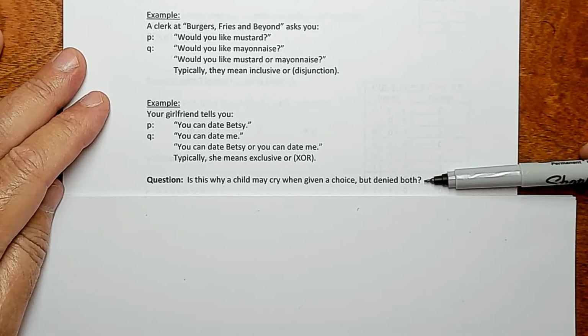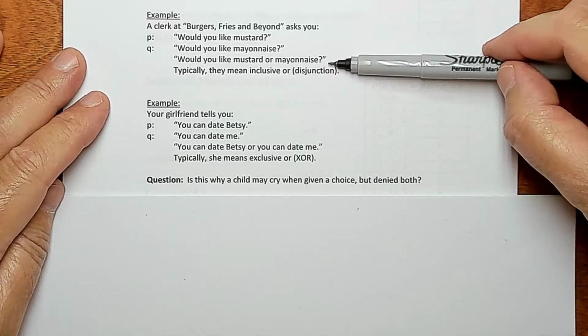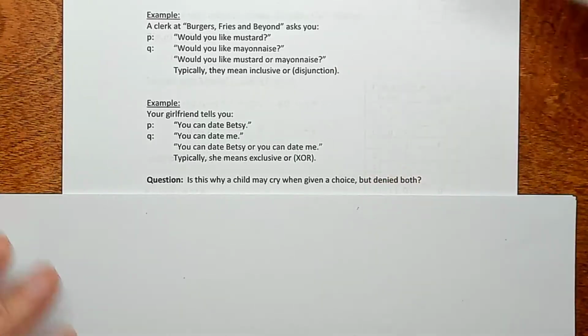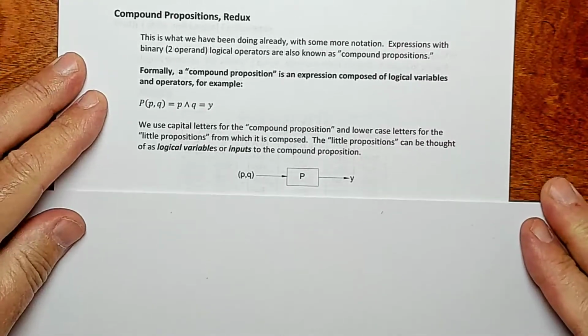Let's say you say you can have chocolate or a lollipop, and then they grab both, and then you take one away from them, and then they start crying. Are humans more wired for exclusive or are they wired for inclusive or? It's something to think about. Maybe kids are just spoiled. I don't know. All right, moving right along.